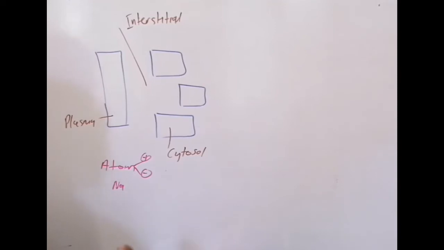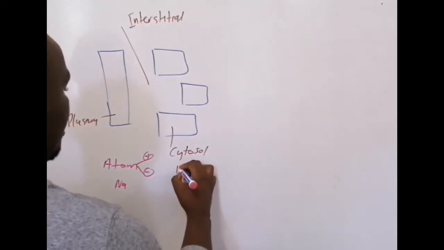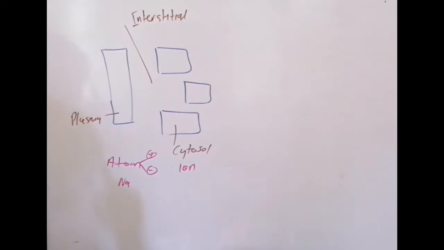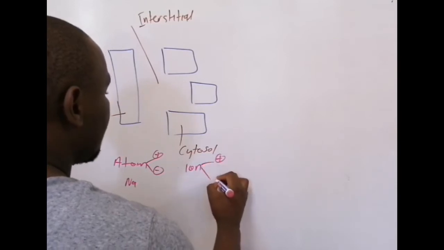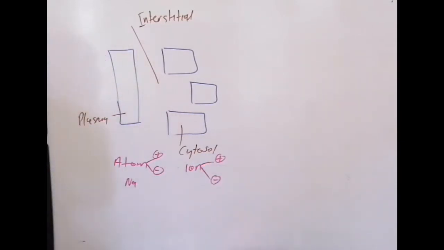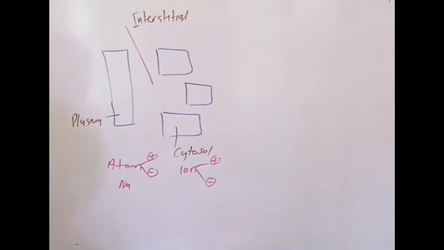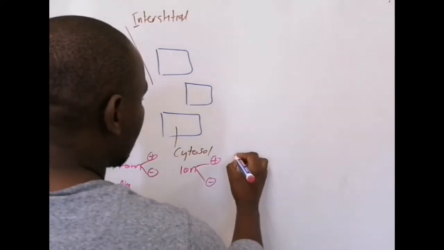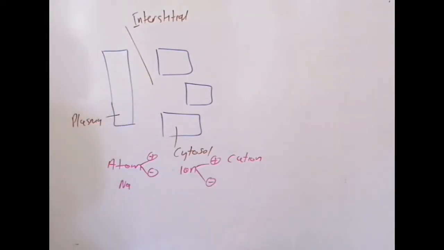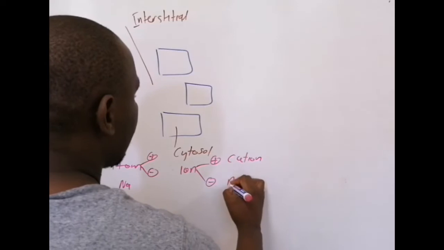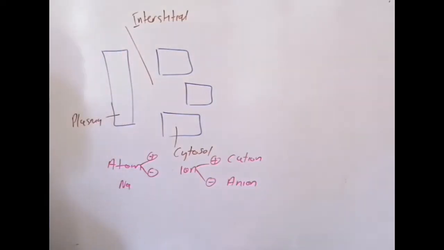And when it becomes charged, it's called an ion. An ion can either be positively charged or negatively charged, depending on whether it received electrons or lost electrons, right? A positively charged ion is called a cation. A negatively charged ion is called an anion, right?